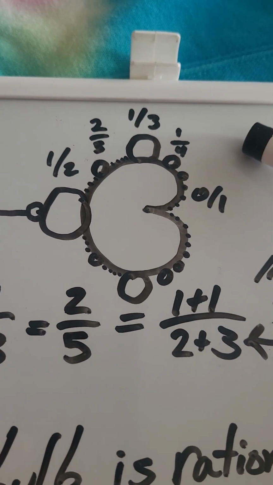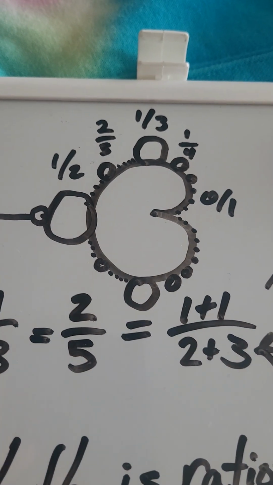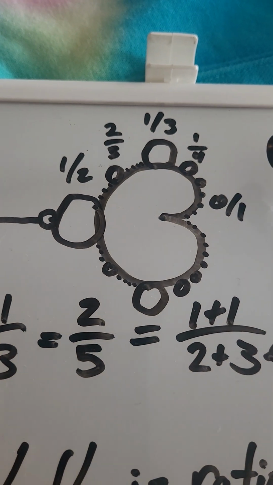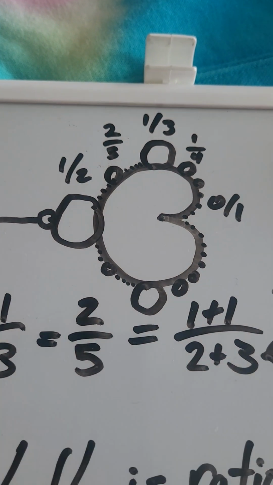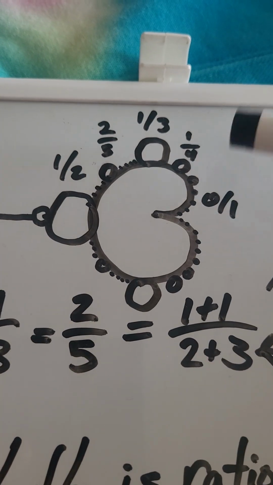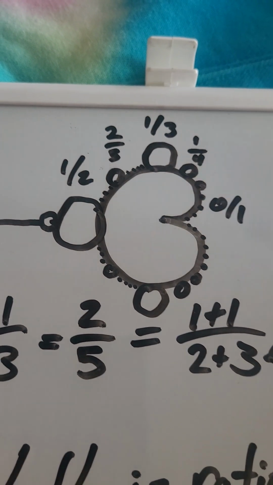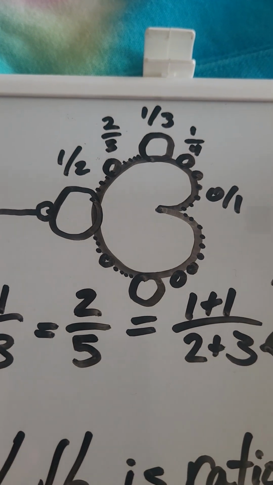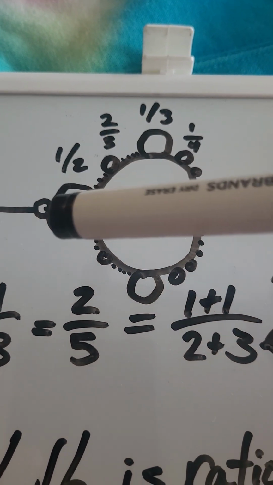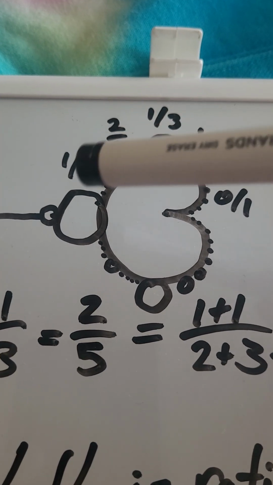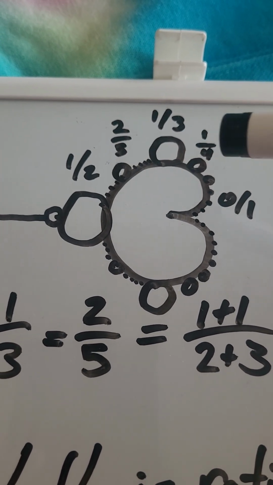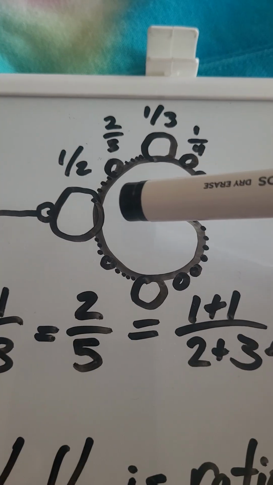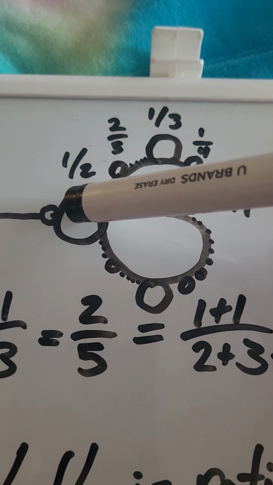If you want to get a good look at the Mandelbrot set, just look it up on Google. Just search Mandelbrot set. You will not be disappointed, I promise you. It's really interesting. If you choose a Mandelbrot set viewer, it'll let you zoom in, and you want to zoom in close to the Mandelbrot set. You don't want to zoom in like right here or right here.